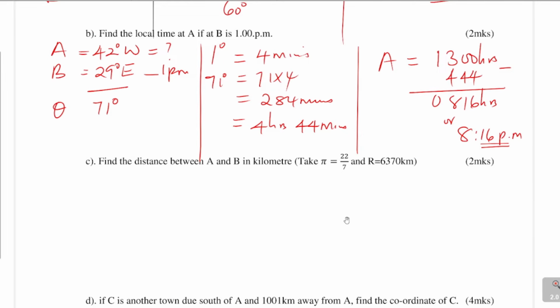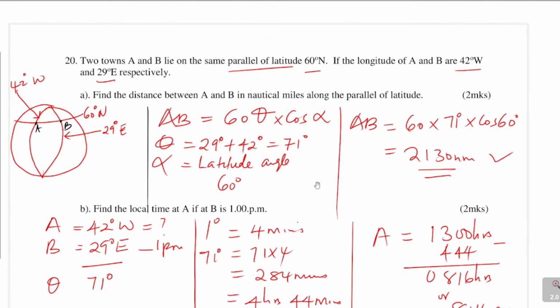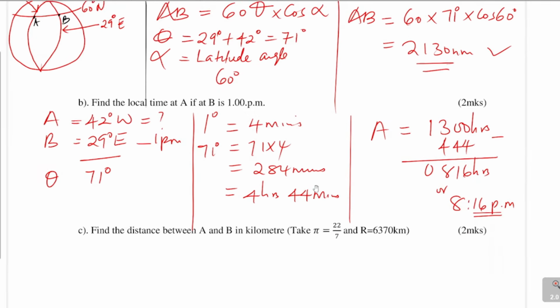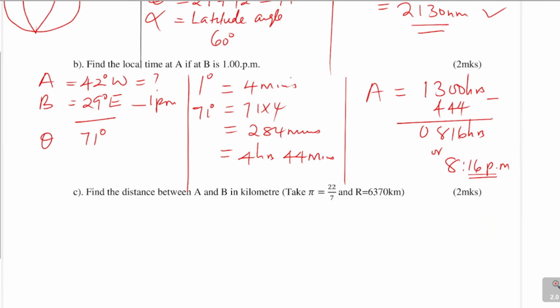Part C, find the distance between A and B in kilometers. The same distance that we calculated in nautical miles, we need to calculate in kilometers. So how do you get distance in kilometers between two places that are on the small circle, or the parallel of latitude? The distance is given by theta divided by 360 times 2 pi r cosine of alpha, where theta is the longitude difference.